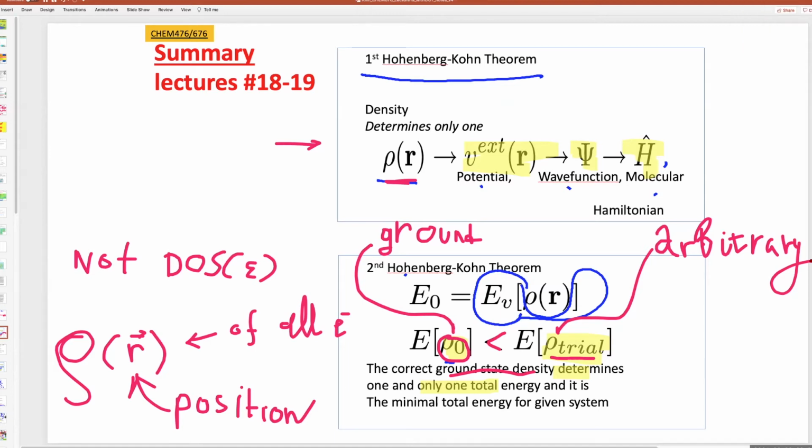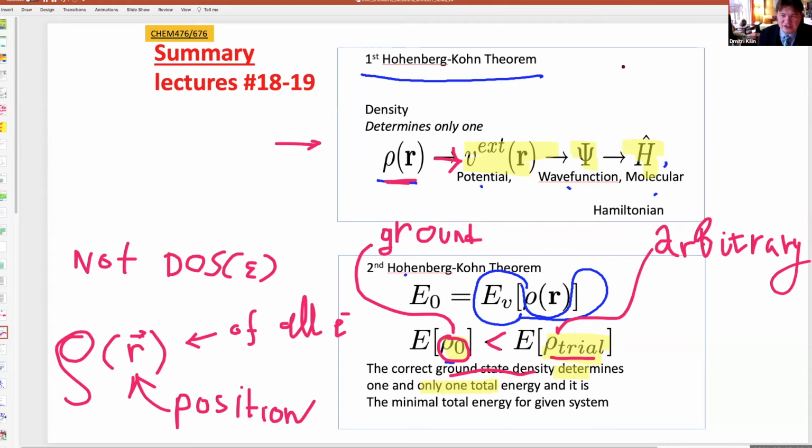From the previous session, I think we said that if we know the density of electrons, then we can determine the external potential and the total energy. Well, the theorem that we discussed at the last meeting is not telling about energy so explicitly.